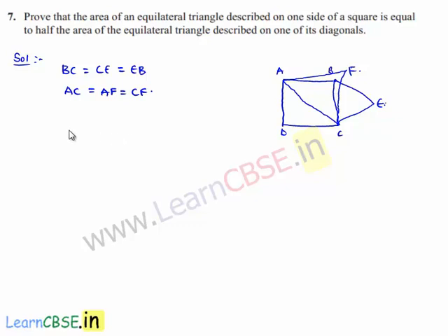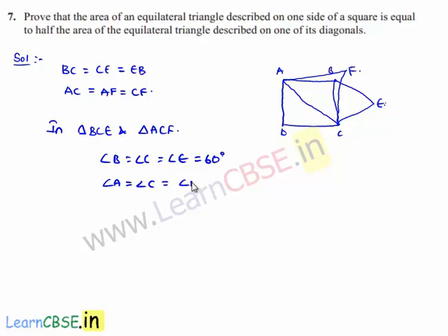Now, in both the triangles, that is triangle BCE and triangle ACF, angle B is equal to angle C is equal to angle E is equal to 60 degrees, and angle A is equal to angle C is equal to angle F is equal to 60 degrees.